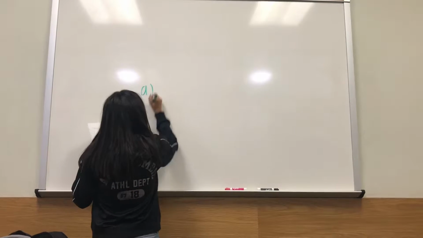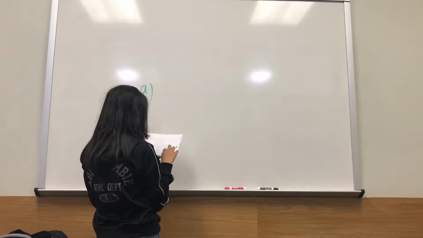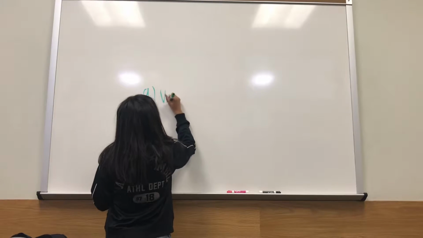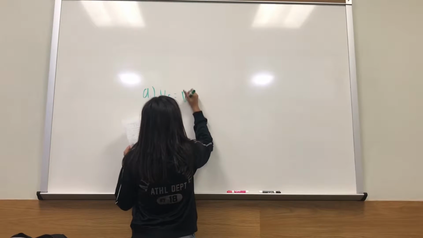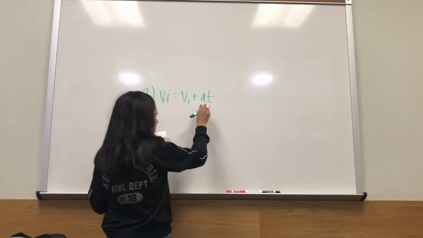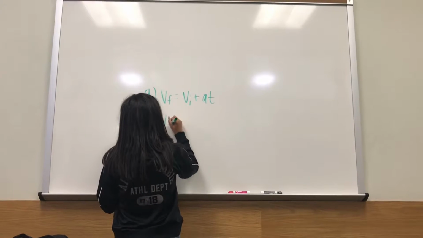So we can find its top speed by using this equation. Velocity final equals velocity initial plus acceleration times time, because it gives us our acceleration and our time. So we just need to plug in our values from here.